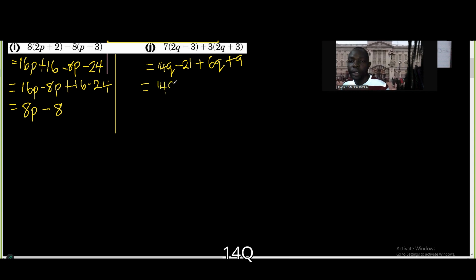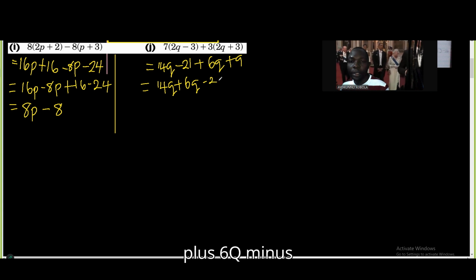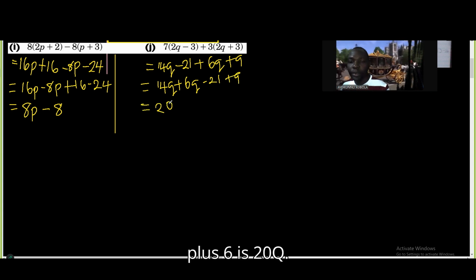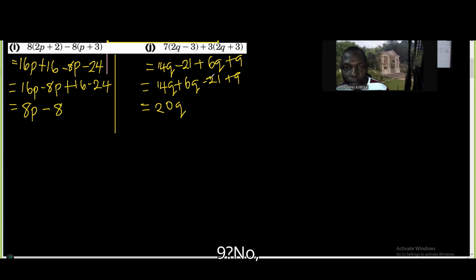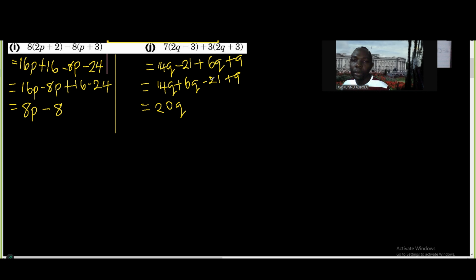So 14q plus 6q minus 21 plus 9. 14 plus 6 is 20q. What is minus 21 plus 9? No, try again.